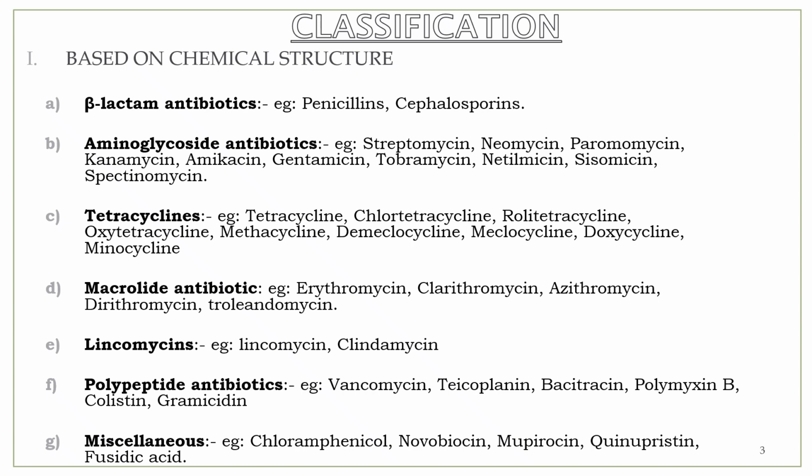Examples: vancomycin, teicoplanin, bacitracin, polymyxin B, colistin, gramicidin. Last one, miscellaneous. Examples: chloramphenicol, novobiocin, mupirocin, quinupristin, fusidic acid. So, the first classification is based on the chemical structure of the compound.